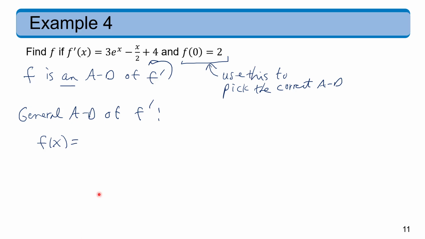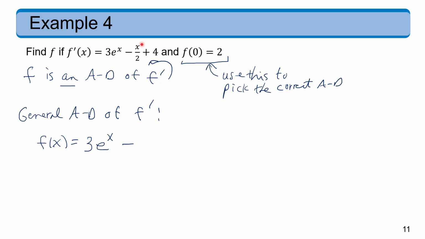Now look at what we have in our formula. We have a sum of 3 terms, so we know we can find the antiderivative of each term one by one. Starting with the first one, we carry along any constant that's being multiplied. And then we need the antiderivative of e to the x. Well, that's an easy one. It's just e to the x. Then we've got minus. Now here, dividing by 2 is just like multiplying by 1/2.